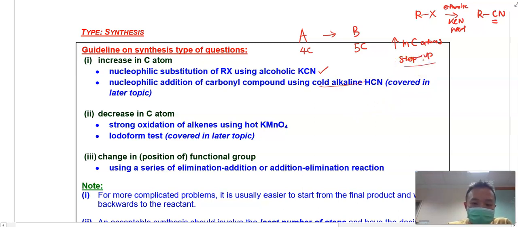Now what happens if we have a decrease in the number of carbon atoms? Conversely, we look at a step-down reaction, when there's a decrease in the carbon atoms. An example of a step-down reaction that you have learned is the oxidative cleavage of the C=C double bond of an alkene.